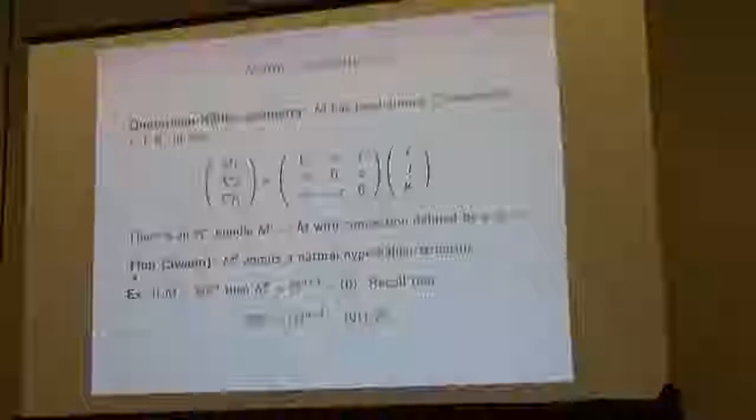And what Andrew Swann showed is that over your quaternion Kahler manifold M, there's another manifold, of dimension 4 larger, which is a bundle over that, and that M prime has a natural hyperkahler structure on it.